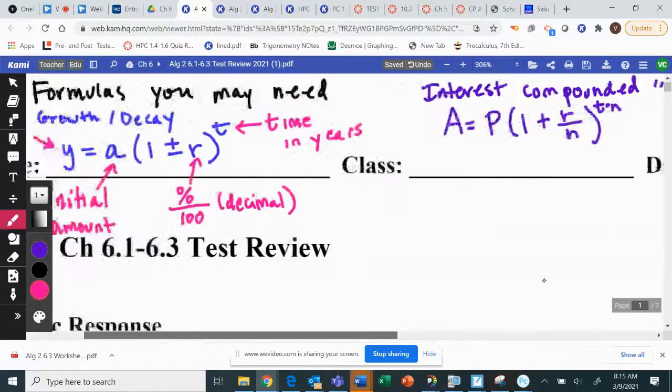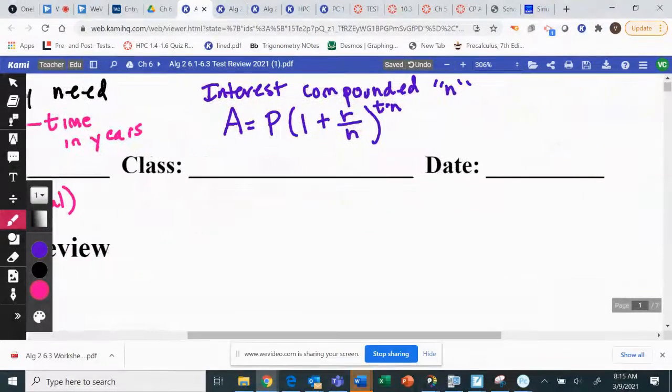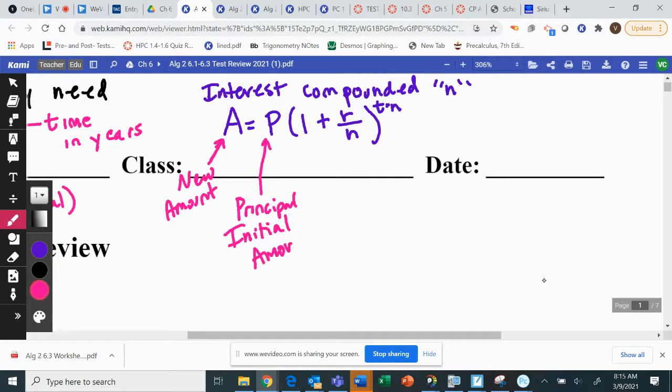Now, the way that we labeled these is very similar. This capital A is still that new amount. The P is called the principal, but it's the initial amount. The r is the percent over 100, the rate.